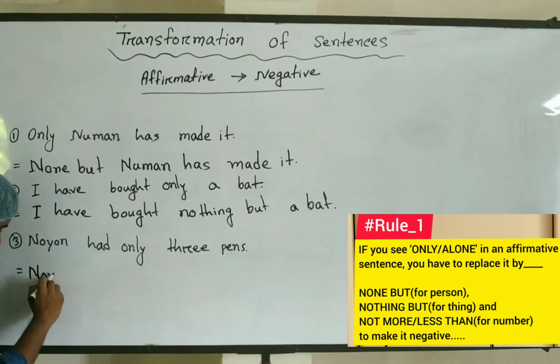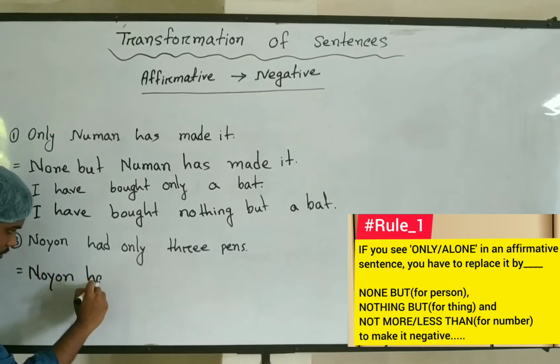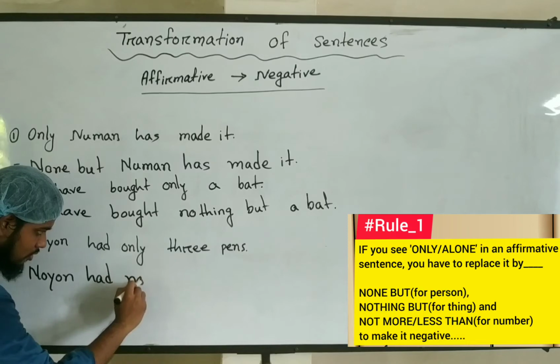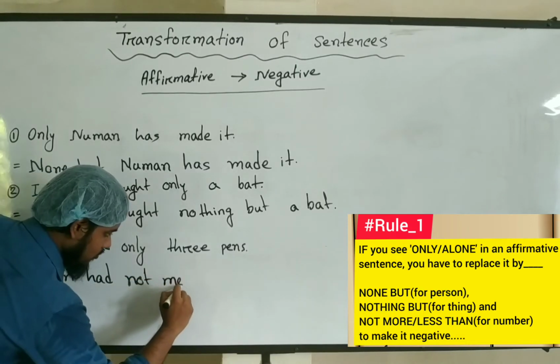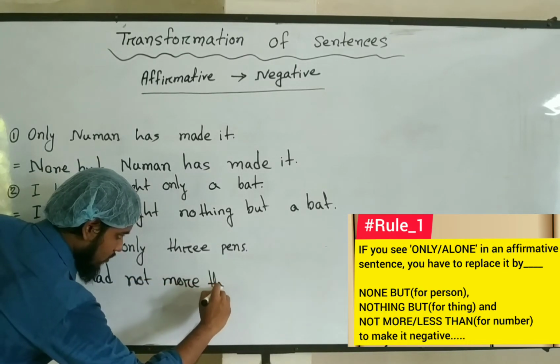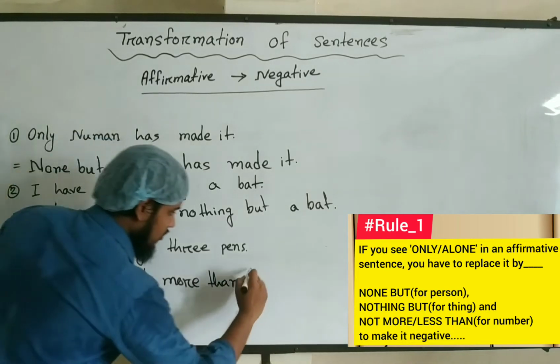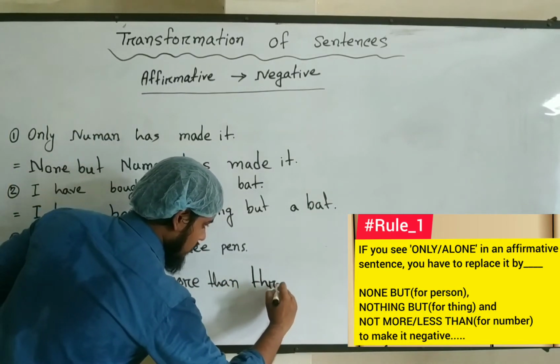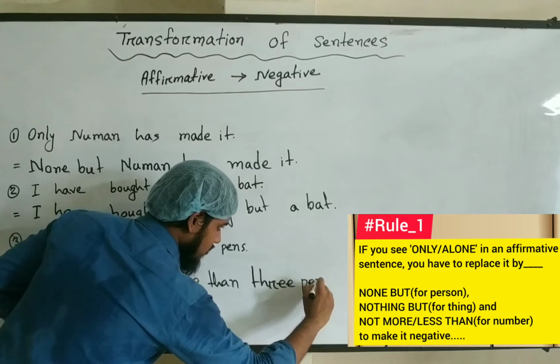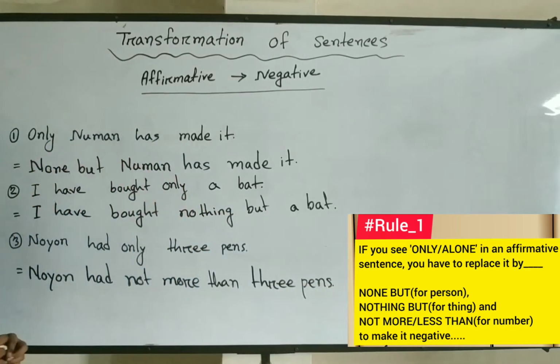Noel had not more than 3 pants. So students, hopefully these examples will make the first rule easier for you.